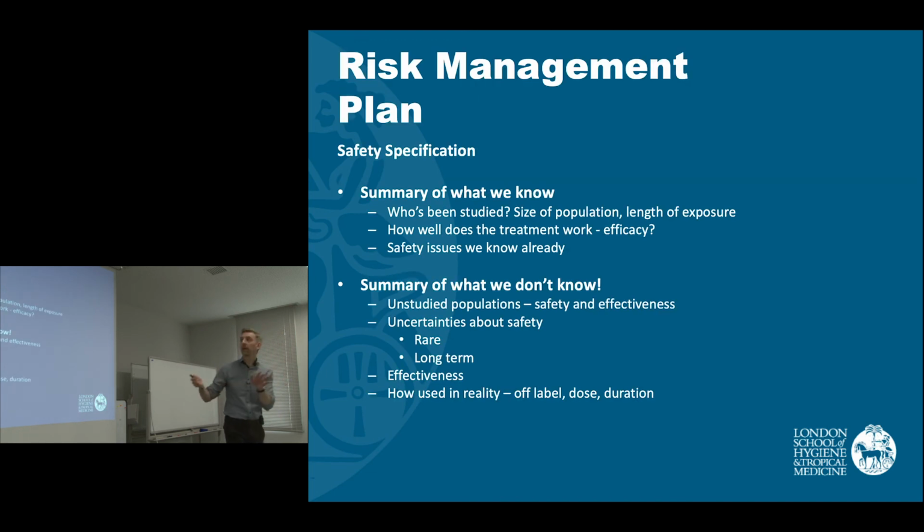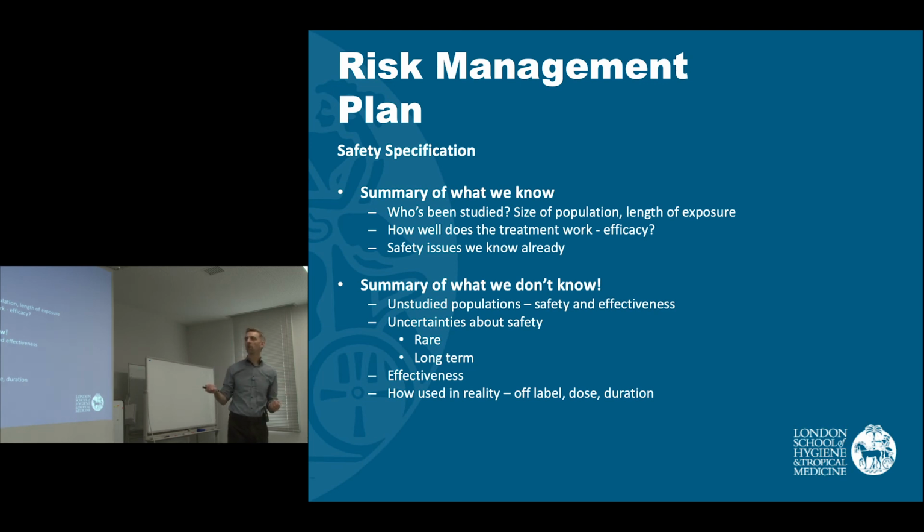Just to quickly recap, the risk management plan has the safety specification, which tells us what we already know: who's been studied, who hasn't been studied, how well the treatment works, and what the safety issues are that we already know.